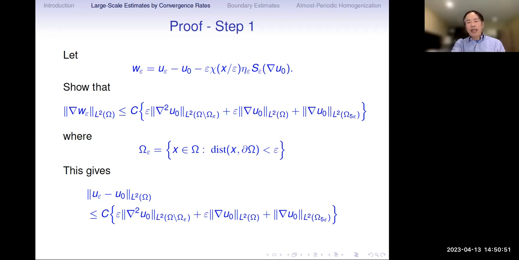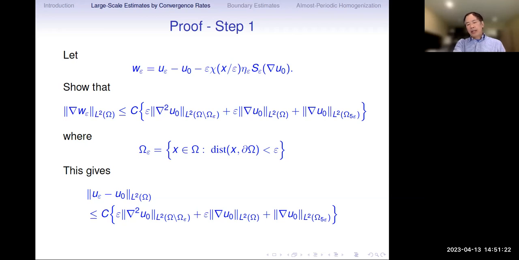And omega epsilon here is a layer near the boundary of omega. So omega epsilon is just x in omega whose distance to the boundary is less than epsilon. So it's a boundary layer there. And so we get this estimate on the bottom there.